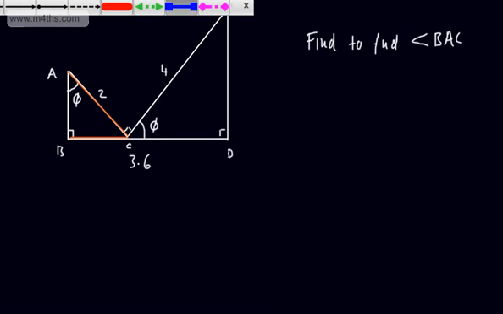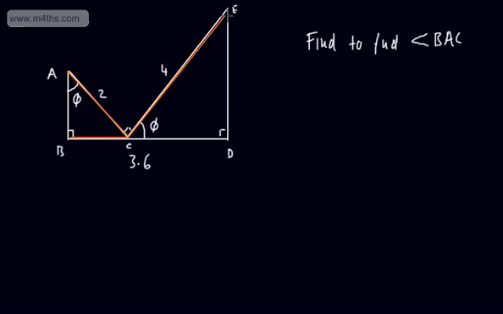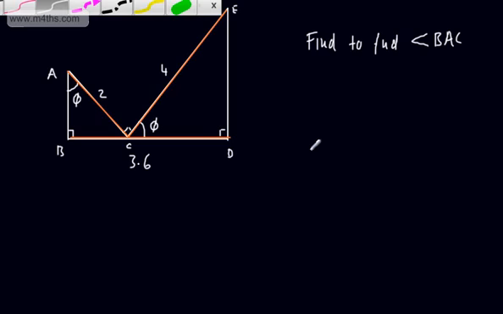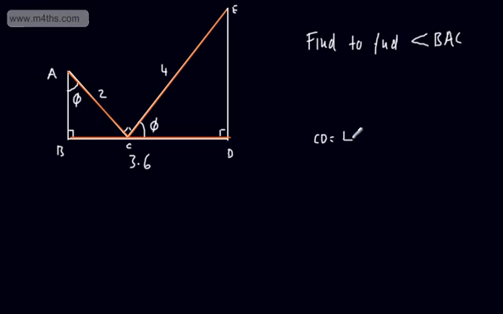If I look at this one, and this is one of the many ways that you can do this problem, I've got the hypotenuse, and I want to find this length right here, and that length is CD. So we've got the hypotenuse, and I want the adjacent. So let's write this out. C to D is 4 cos of theta.